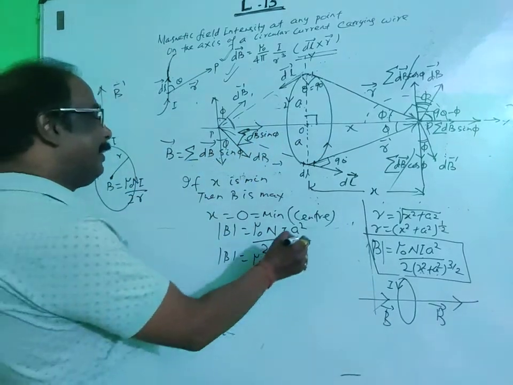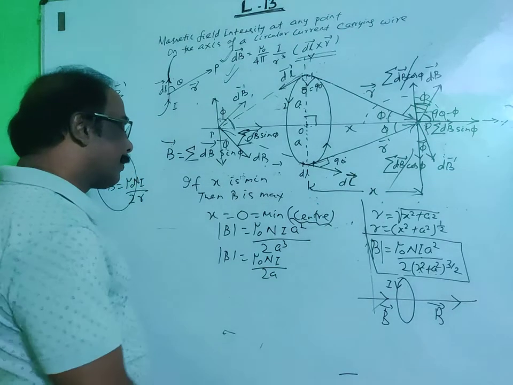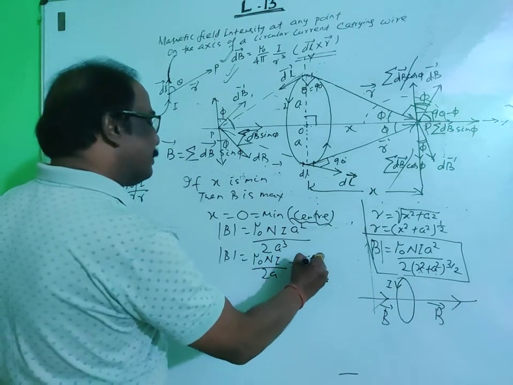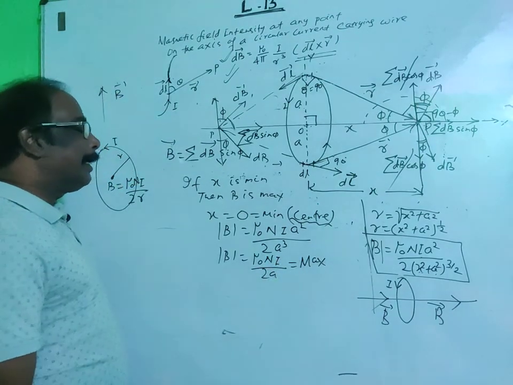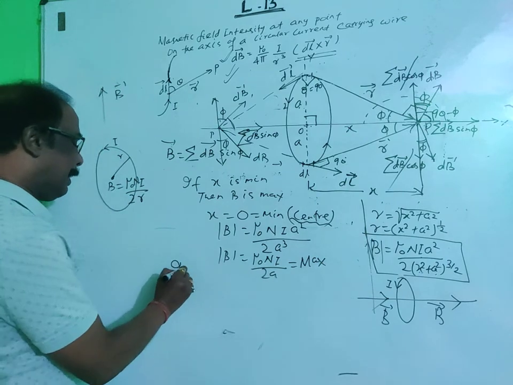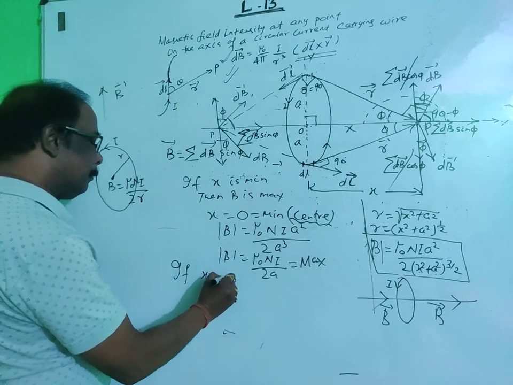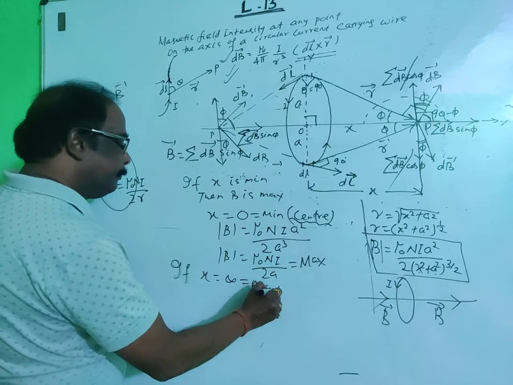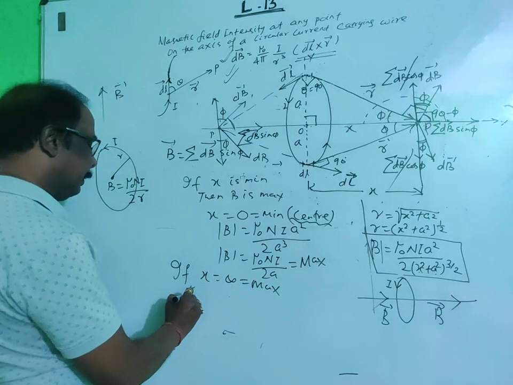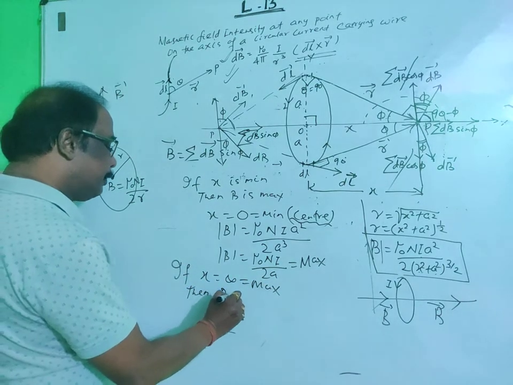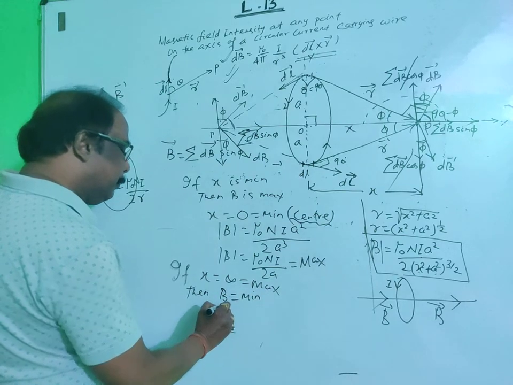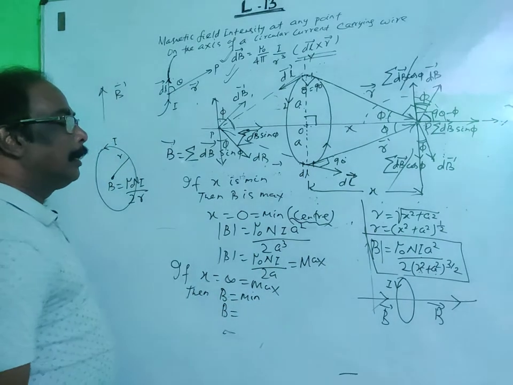So this is the magnetic field at the center of the circular coil, and this is maximum. At the center, magnetic field is maximum. If x is maximum, meaning infinity, then B is minimum. What is the minimum value of magnetic field on the axis?